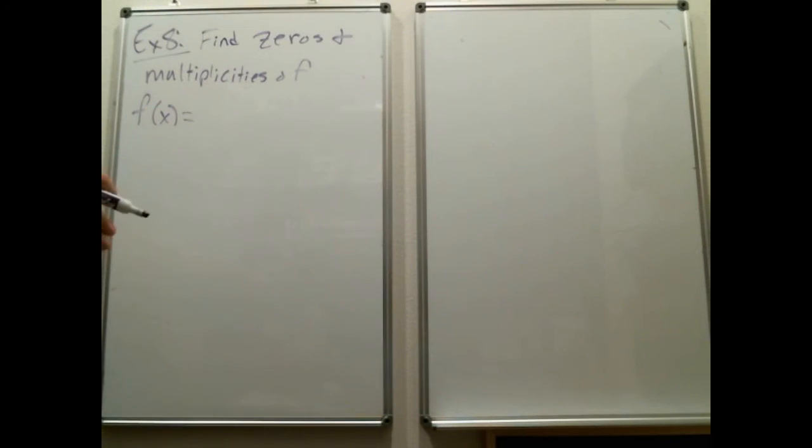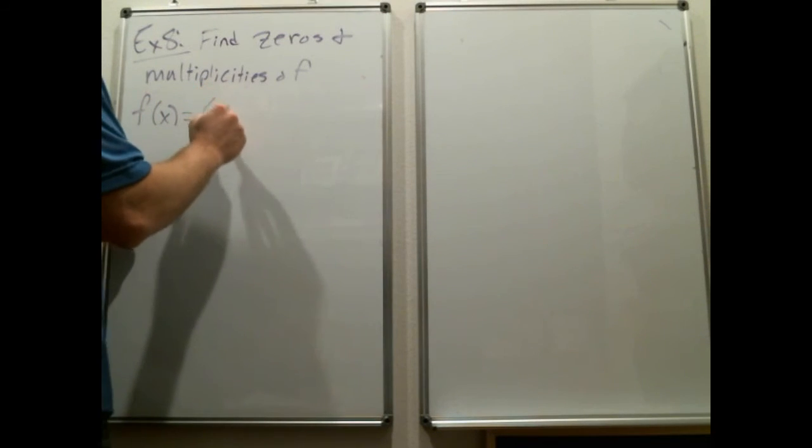Normally in class and on the exam I showed you something that wasn't factored, but here I want to show you a problem that's already factored, just so I can hit the highlights here and refresh you on how to find multiplicity.